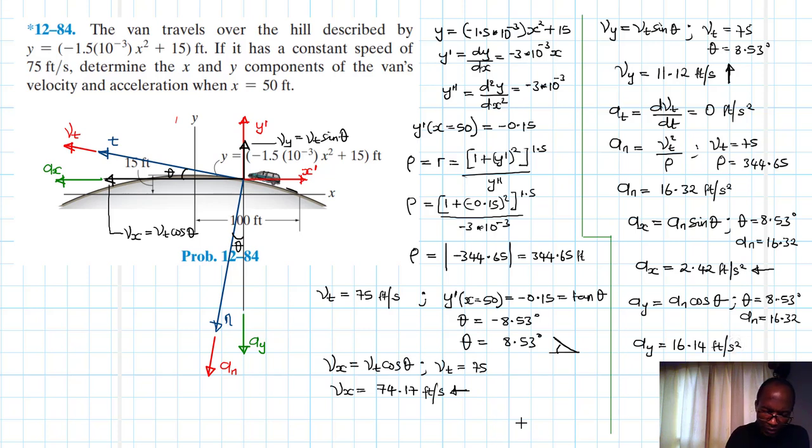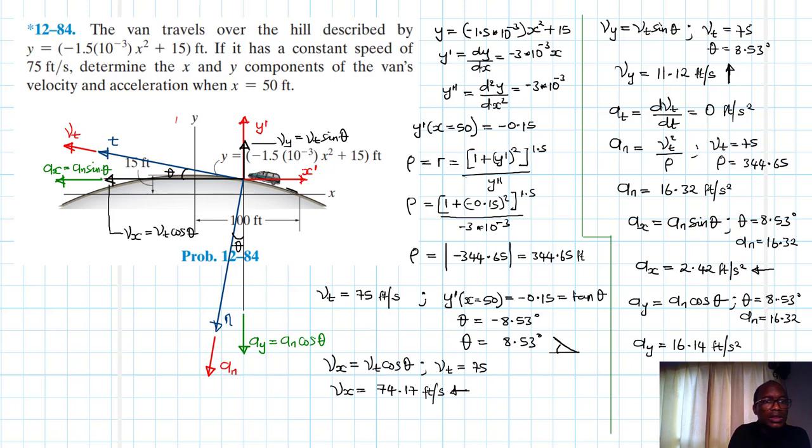Okay, so we have done everything. Let me just write down the equations here. So this one is equal to an cos theta, and this one is equal to an sine theta. All right, so I think this is about it.